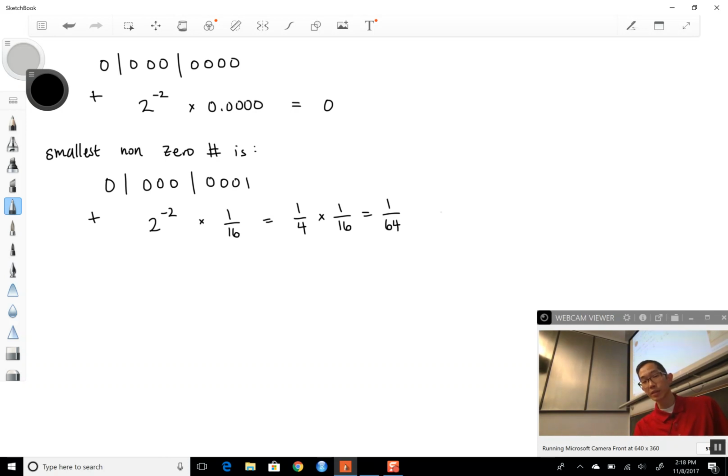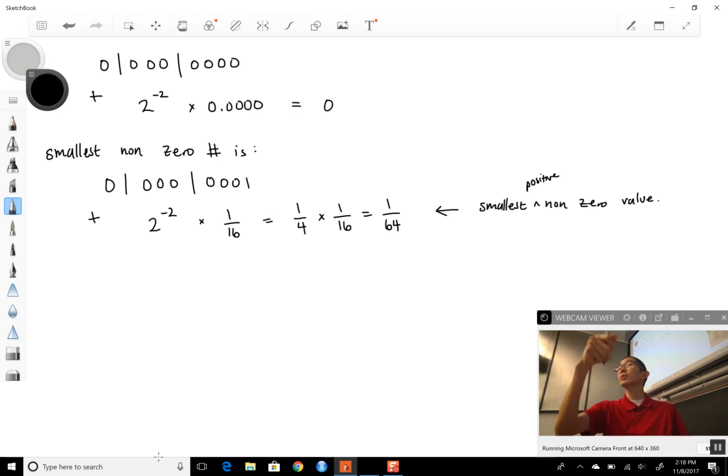So this is the smallest non-zero value that we can represent using mini float. Smallest positive non-zero value. So it will be denormalized if they're all zeros here.